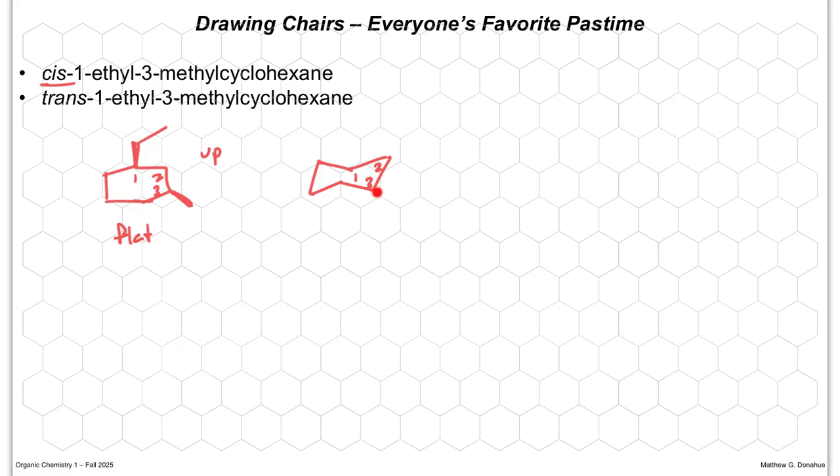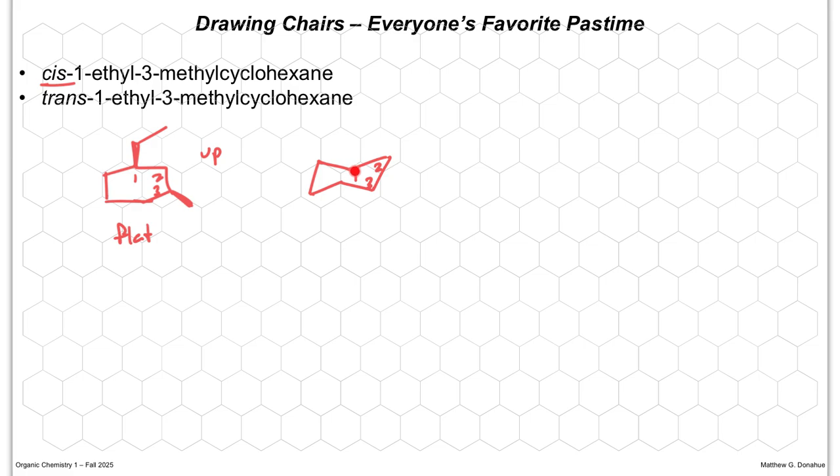And then this one, and that one are down. That can help you translate the flat into the chair when you're putting these substituents in. So I've labeled carbon 1 right here. That carbon is pointed down. So when we're looking at the edge of the ring, we want the ethyl substituent to be up.